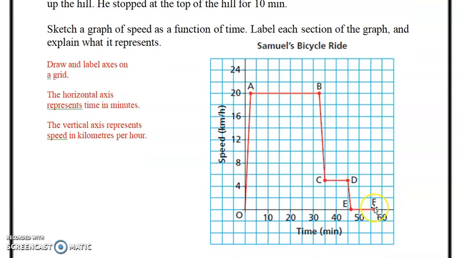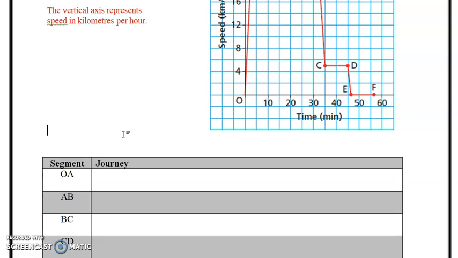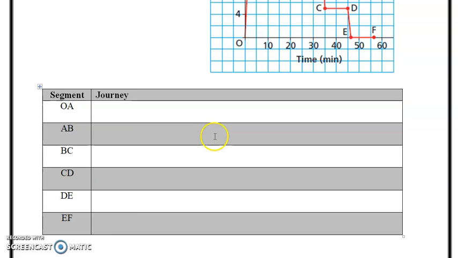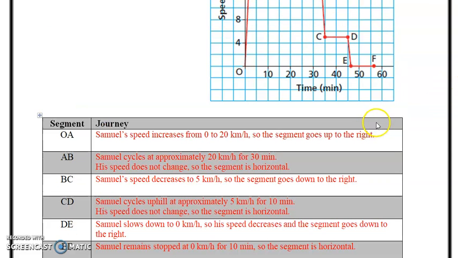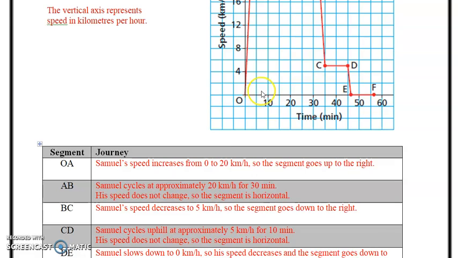That is how we represent and explain each section of the graph. I'll write those in your chart for you. From O to A, speed increases, so that's an acceleration from 0 to 20. From A to B, for 30 minutes, is just a constant speed of 20 kilometers per hour.